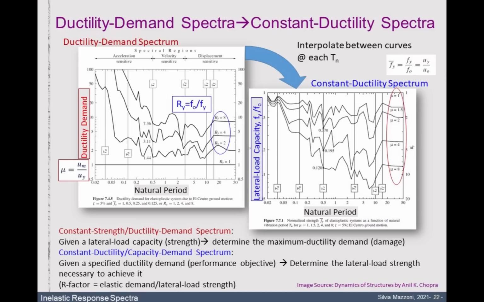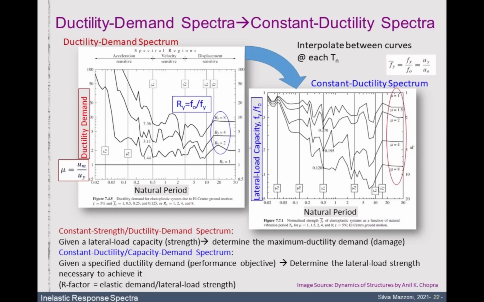We take what we had before, our maximum displacement demand, but instead of dividing it by our elastic displacement demand, we divide it by our displacement capacity. And so this is proportional to, if you have a very short period structure, the deformation capacity is going to be small compared to a long period structure.